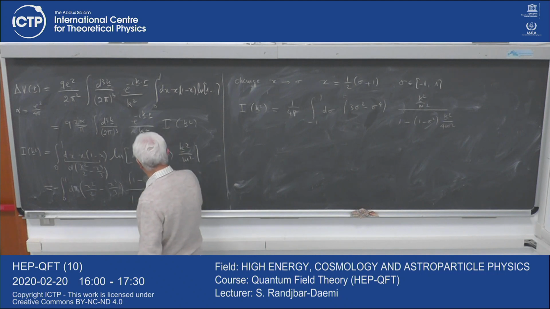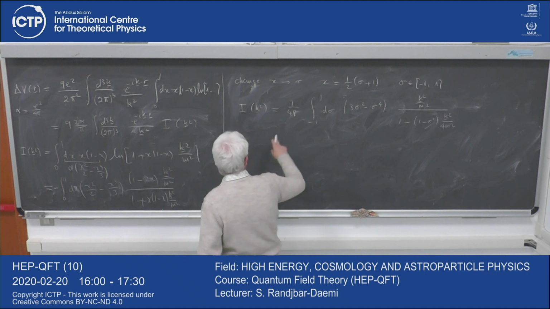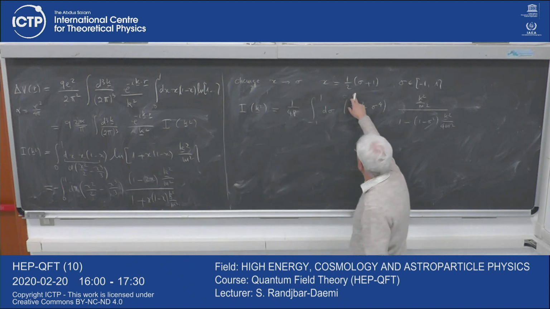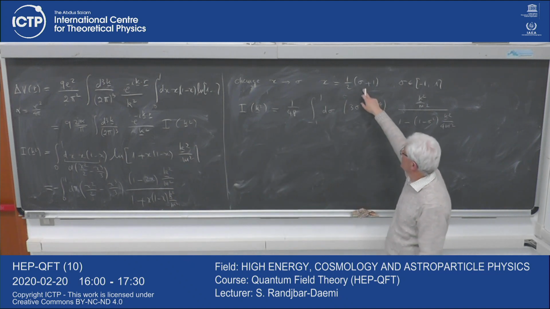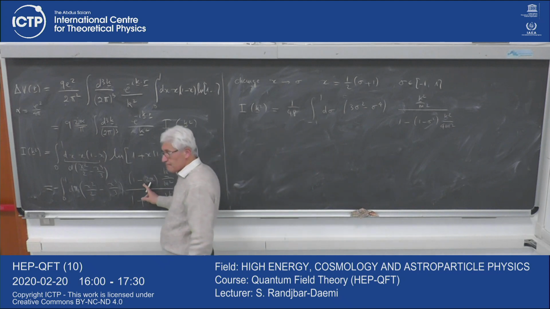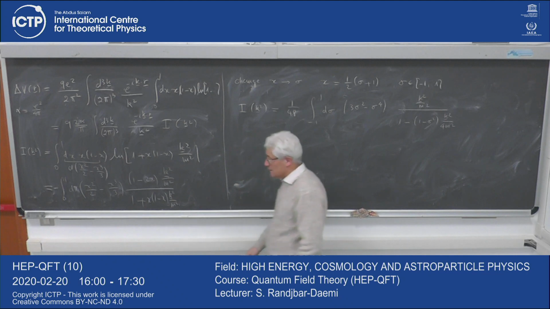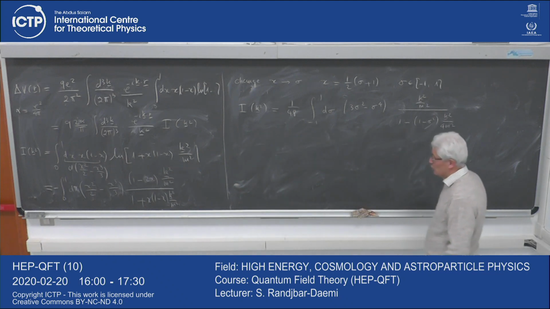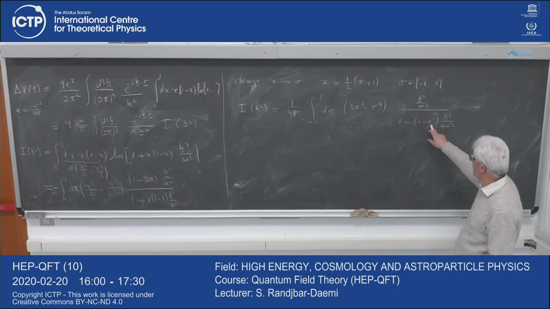The reason is that 1 minus 2x, as you can see from here, is just sigma or minus sigma. 2x minus 1 is just minus sigma. So there's a minus sigma standing here. This product, x times x minus 1, is in fact 1/4 times 1 minus sigma squared. That's the origin of that 4.